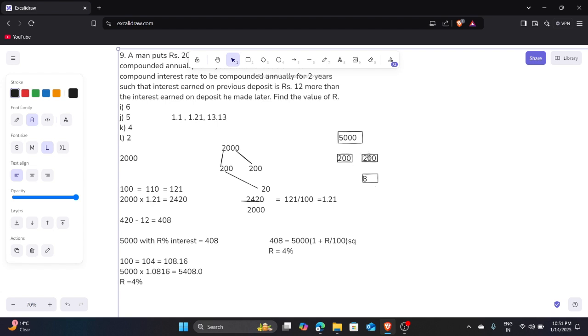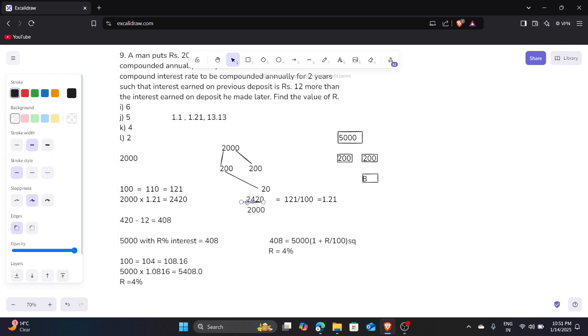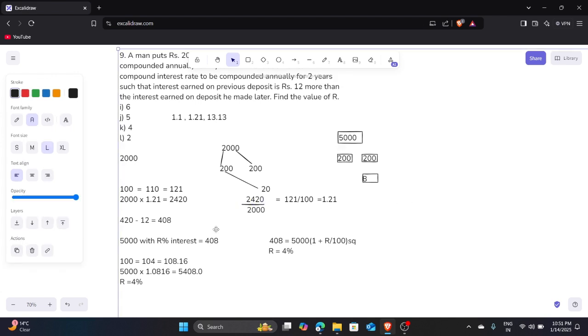This is just the interest on the compound interest. So you can see that with the help of hit and trial, you can match this value. So now you can click on 4%.